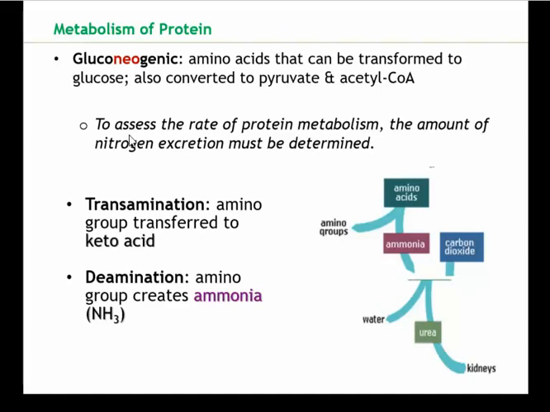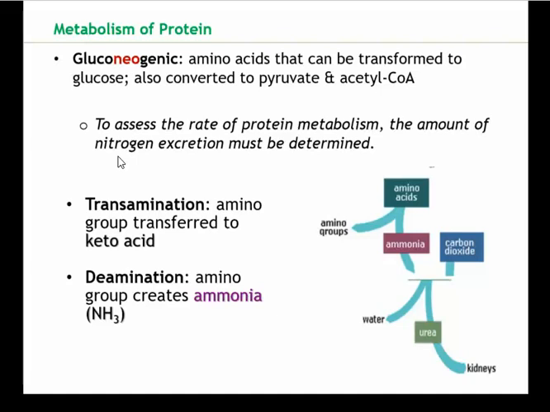But first, in order to assess the rate of protein metabolism, the amount of nitrogen excretion must be determined. So when we consume too much protein over what the recommended intake for the body is, then the body will excrete that excess protein as nitrogen. Because I mentioned in chapter 2 that amino acids contain nitrogen, which the other macronutrients don't.